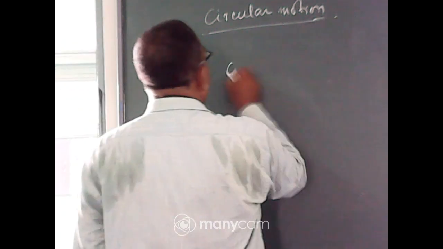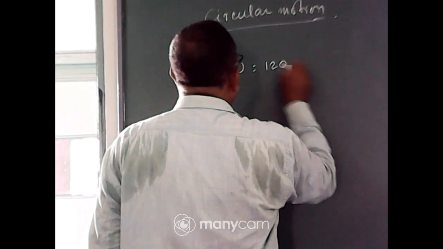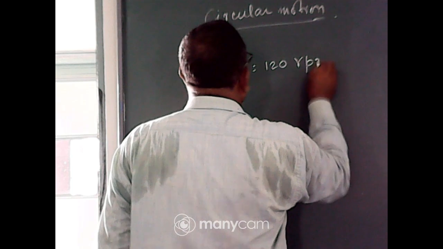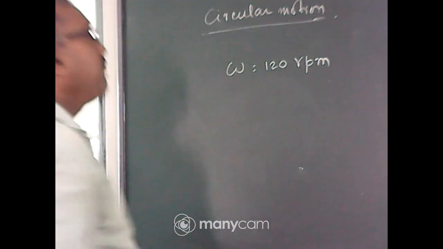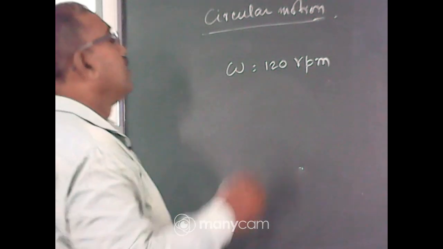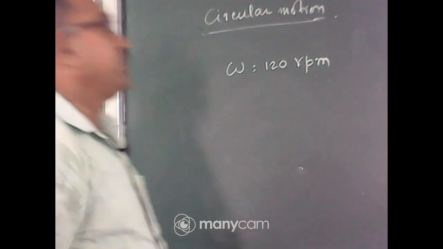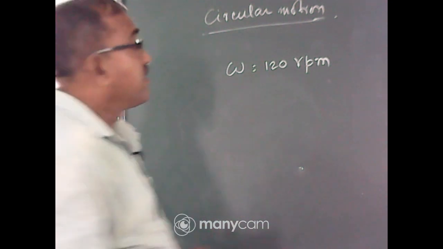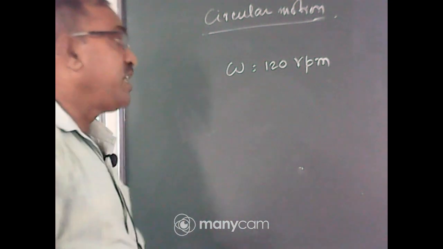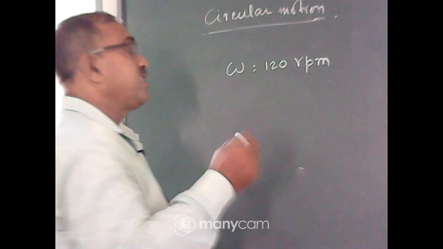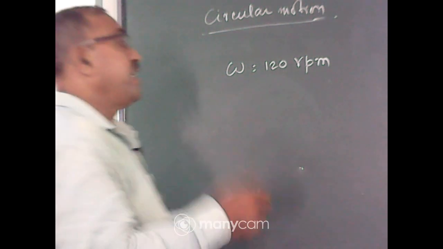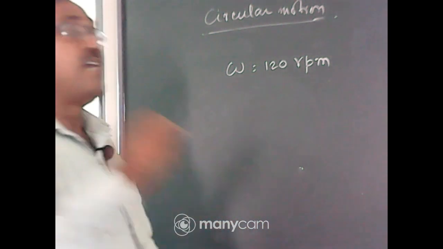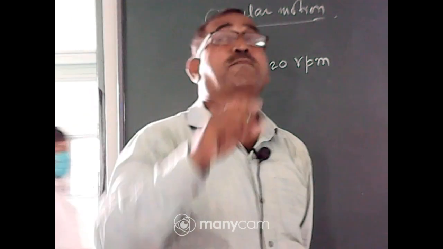Suppose omega equals 120 RPM. RPM means revolutions per minute. RPH means revolutions per hour. RPS means revolutions per second. So in any rotational motion of an object, you measure the RPM, RPS or RPH.